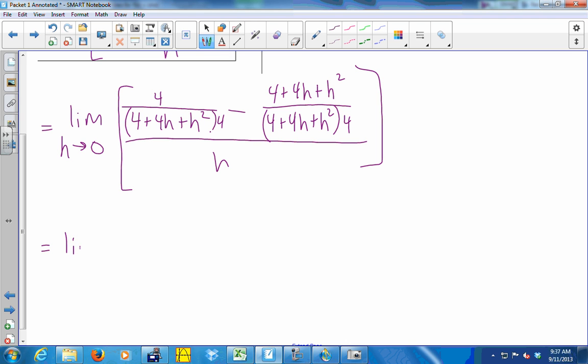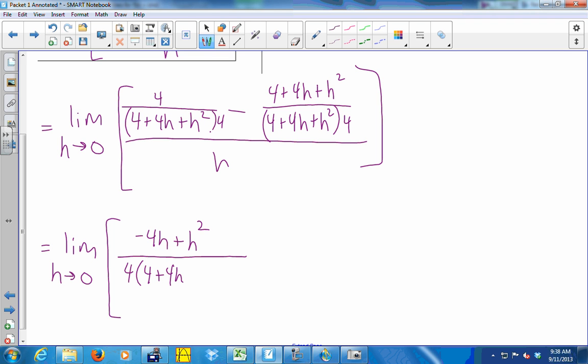So I have the limit as h approaches 0. 4's go away, and I have negative 4h plus h squared over my common denominator, which is 4 times 4 plus 4h plus h squared, all over h. Yes, thank you. Negative 4h minus h squared. Yeah, I made a big deal about saying distribute the negative, and then I didn't do it.